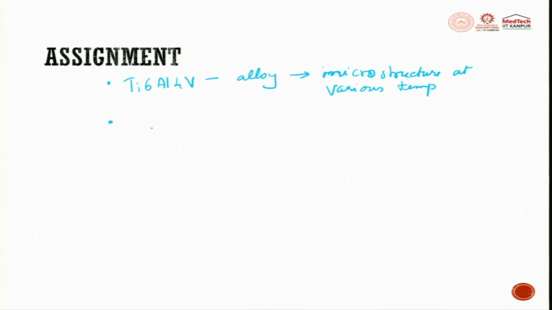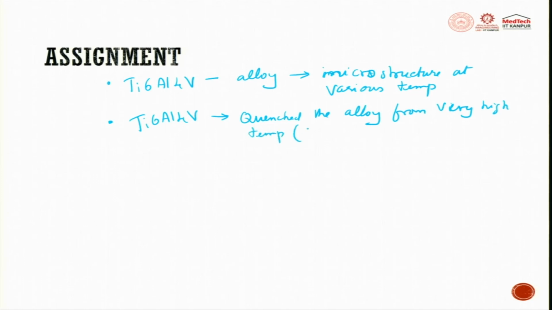Next, try to see some literature on Ti6Al4V where they have quenched the alloy from very high temperature. We are talking about 800 degrees Celsius to RT, room temperature. See the alloy microstructure.